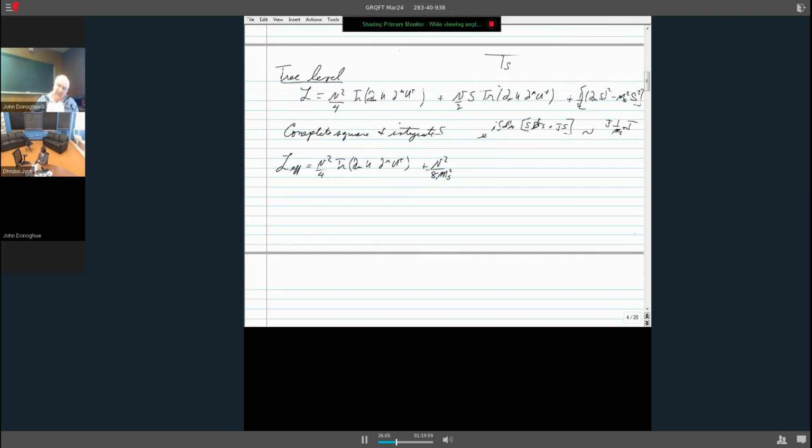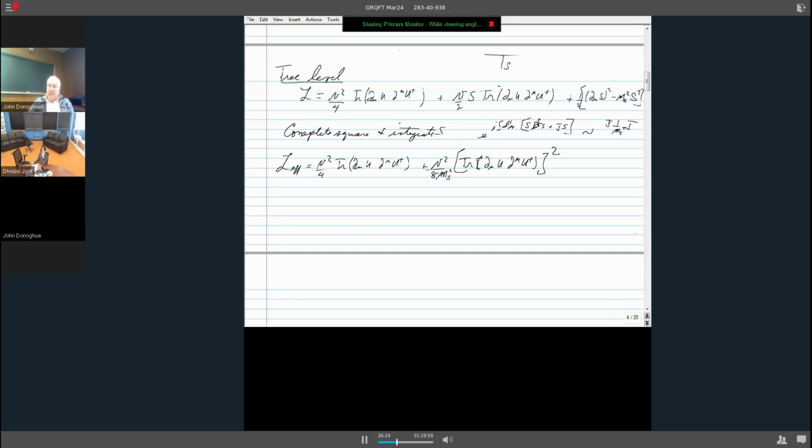Okay, and the exact answer is, if you just go back and plug into that formula, that the effective Lagrangian now looks like this: v squared over 4 trace d mu U d mu U dagger.